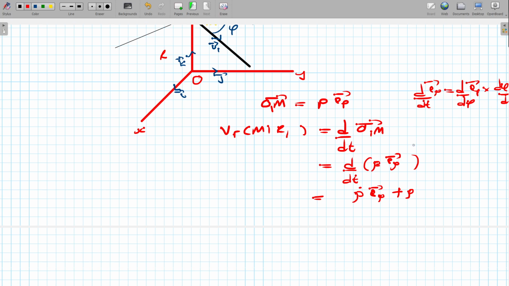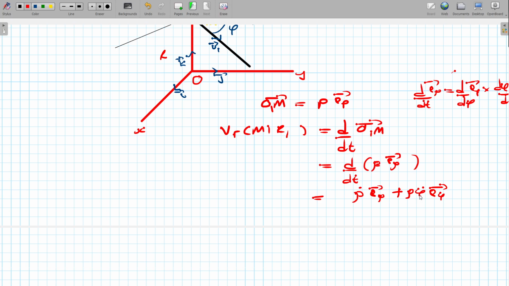If you differentiate E rho with respect to phi, you're going to get E phi. And d phi with respect to time gives phi point, and then this is going to be E phi. So this is what you get. This is the relative velocity.